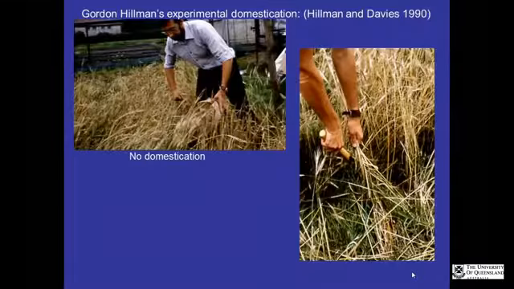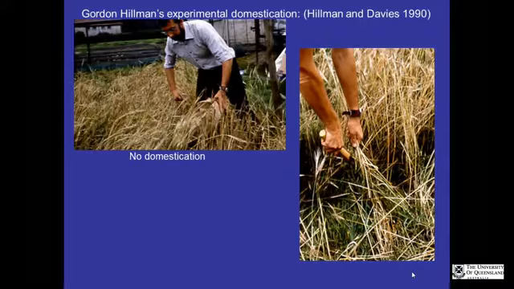Now, prior to there being a lot of data, there was certainly room for experimentation and speculation. And one of my predecessors in this field, Gordon Hillman, who used to teach in London, where I teach now, did a number of experiments in the 1980s. And here he is harvesting wild einkorn wheat, in one case with a basket and a wooden paddle, in another case with a sickle made with stone tools, or a reconstructed ancient sickle.